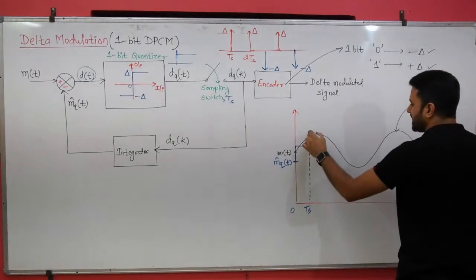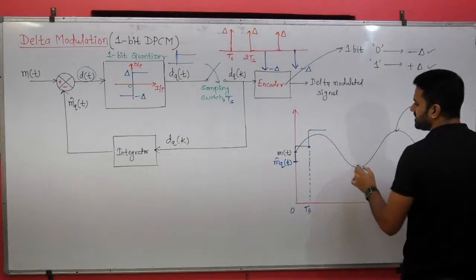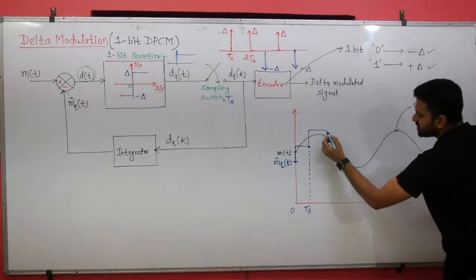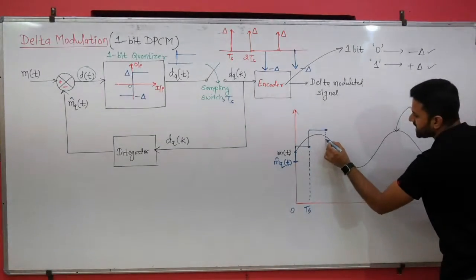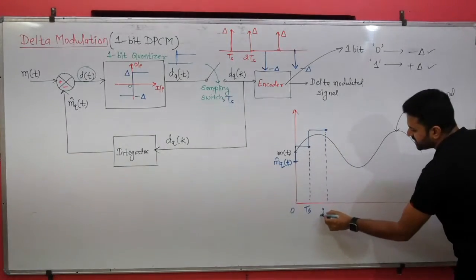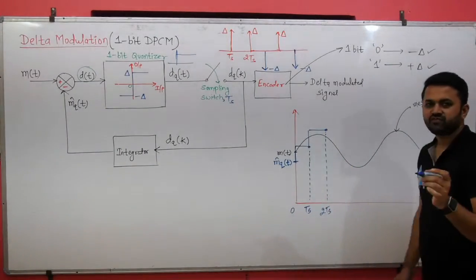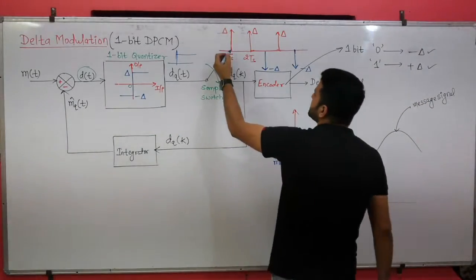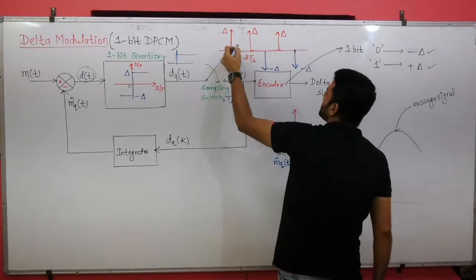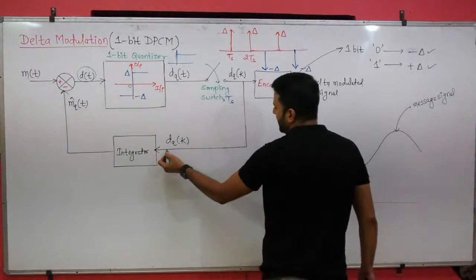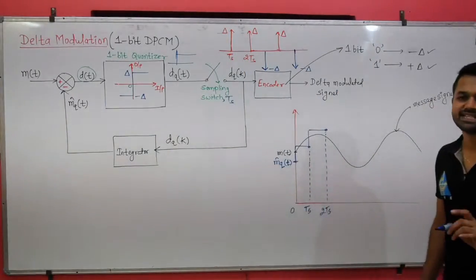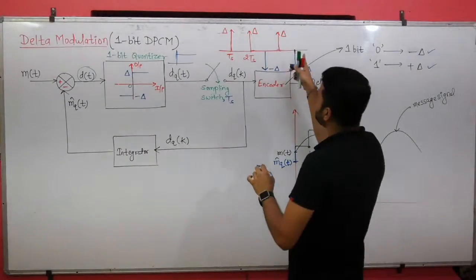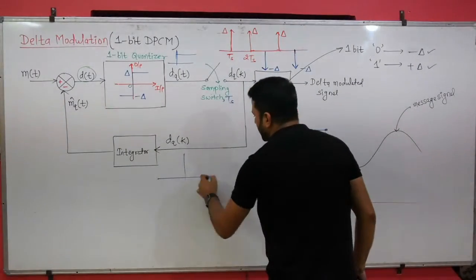So again you will get the plus delta like this. You will reach this point, and at 2Ts, why are we comparing after every Ts seconds? Because these impulses will go to the feedback path after every Ts seconds.